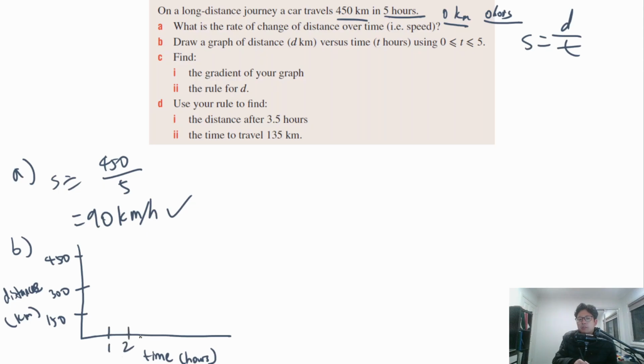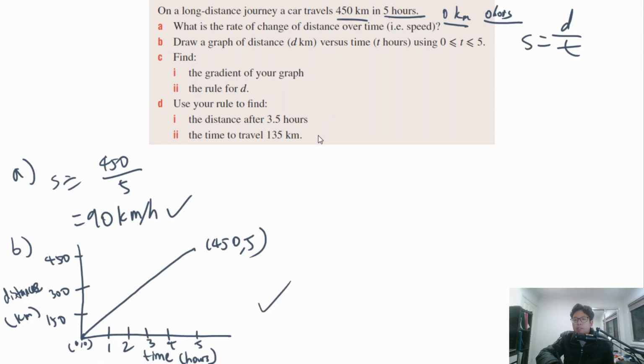So that's 1, 2, 3, 4, 5. Remember, the starting point was 0, ending point was 450, 5 there. So let's connect the dots there, and that is what your graph should look like. And give yourself a tick if you got that one correct.